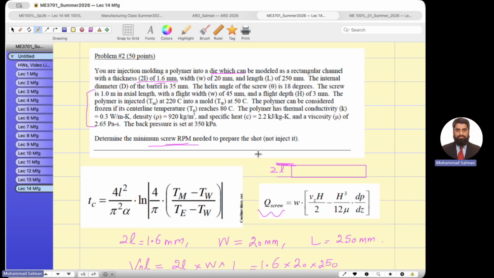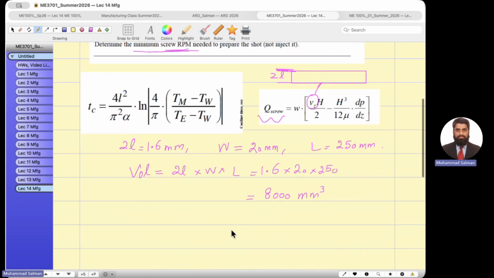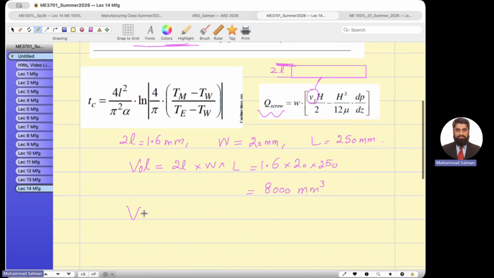I'm going to use all the data, but let's go to the question asked: what is the RPM of the screw? If I find Vz, then I know V equals R omega.